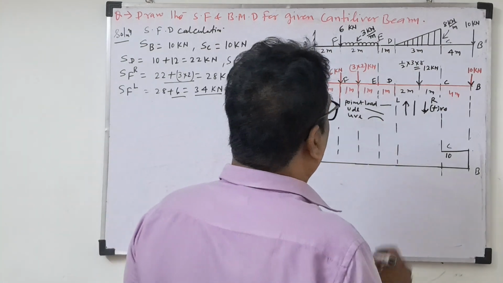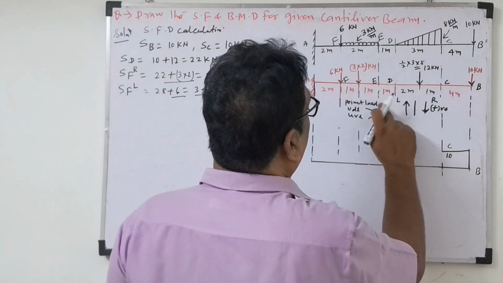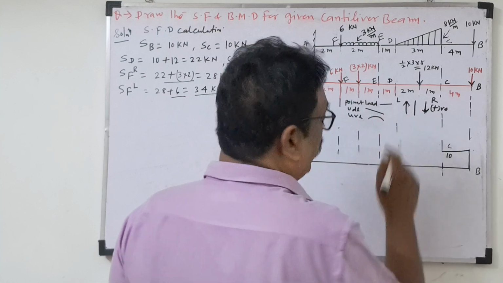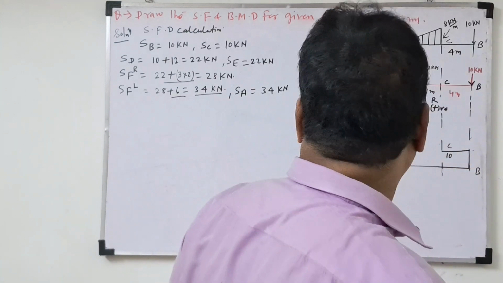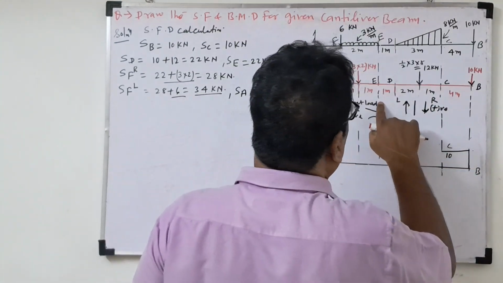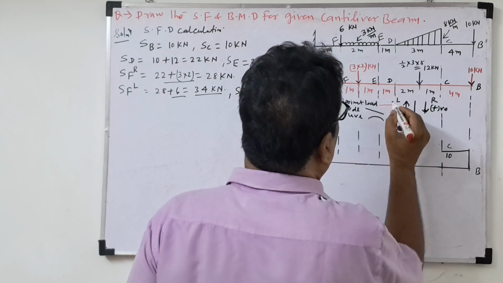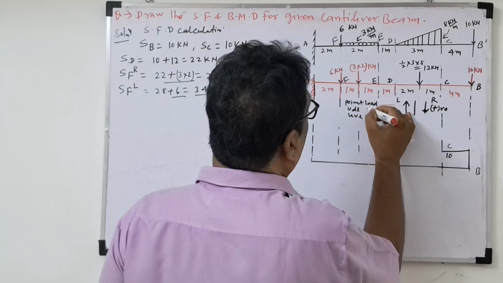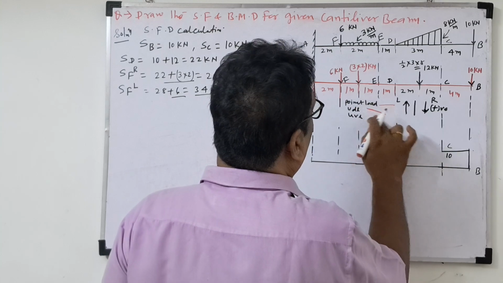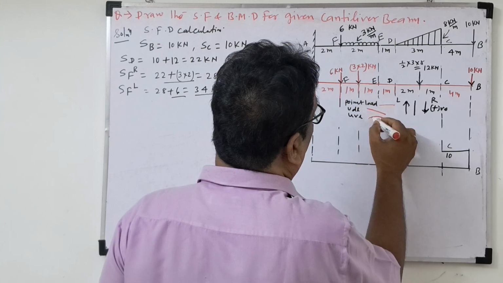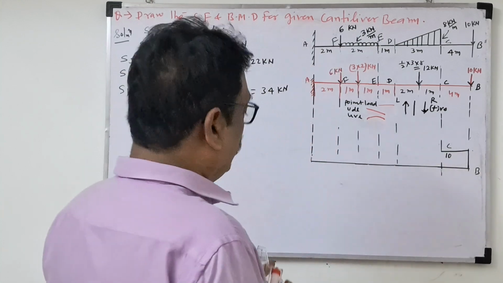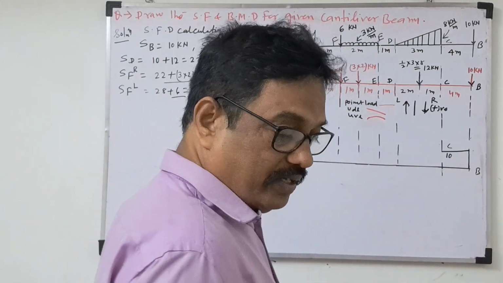This you have to remember. We will write in another color now, it will be easy for you. Point load means a horizontal line, then UDL will be an inclined line, UVL will be a parabola line. So this you have to draw in the shear force diagram.